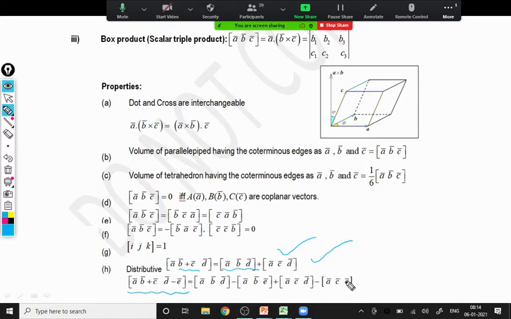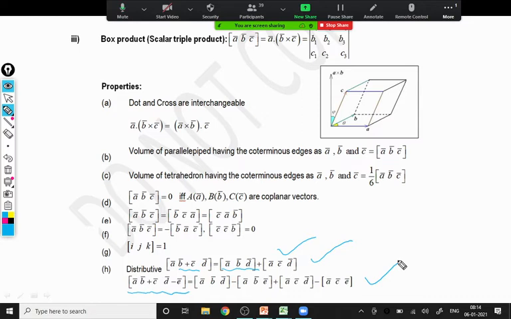The minus sign on e is taken outside, and you can write it in a single step also. Just write it one by one if you are not getting this directly. Any doubt in the distributive property? No, sir. Okay, good.